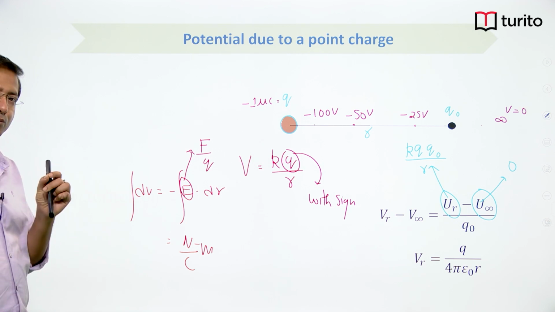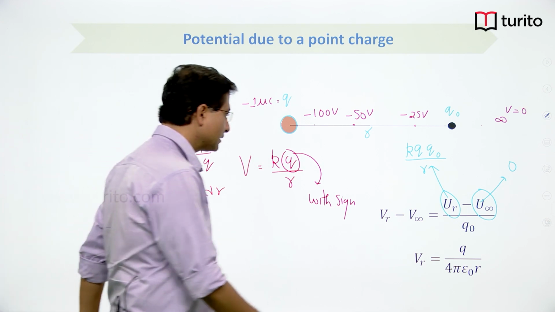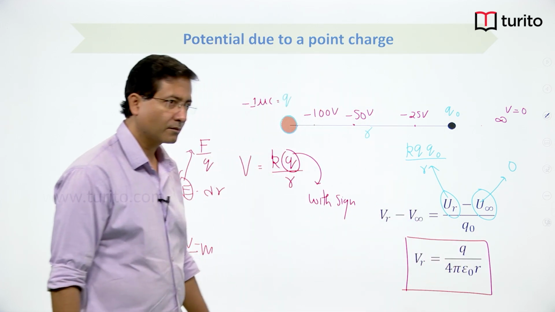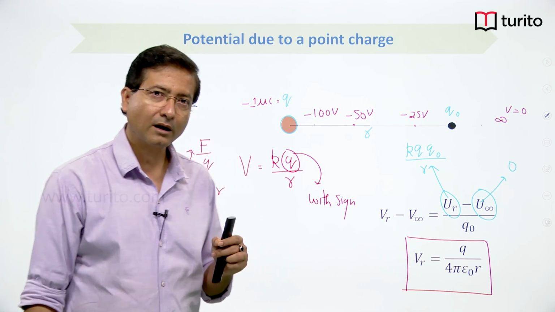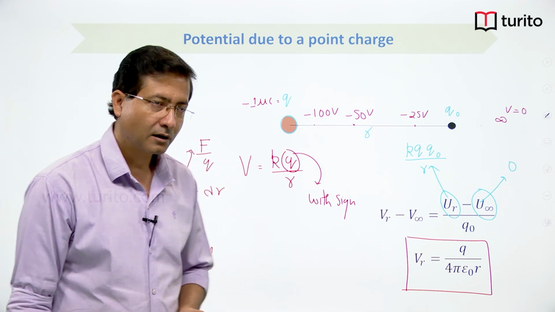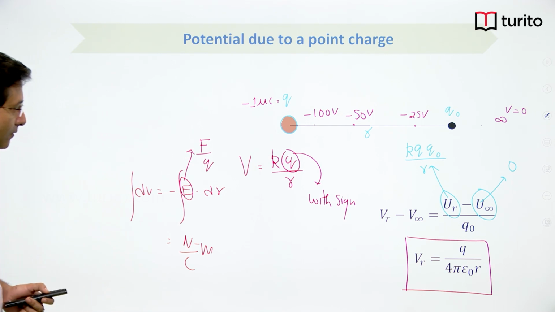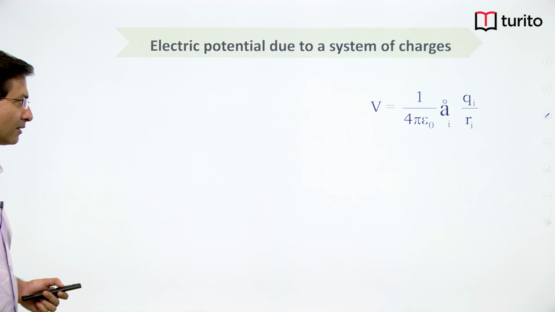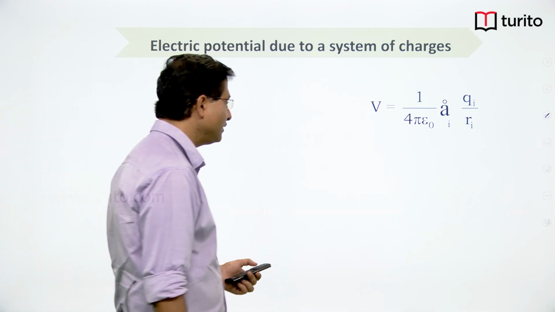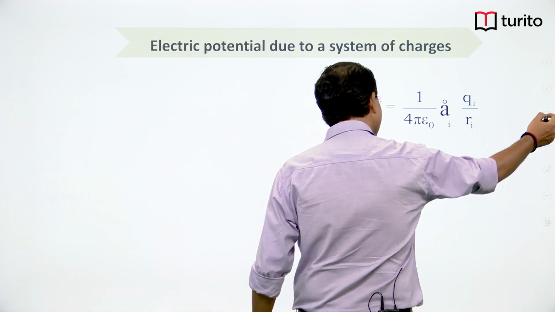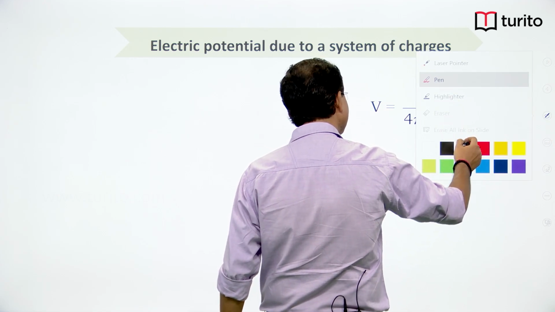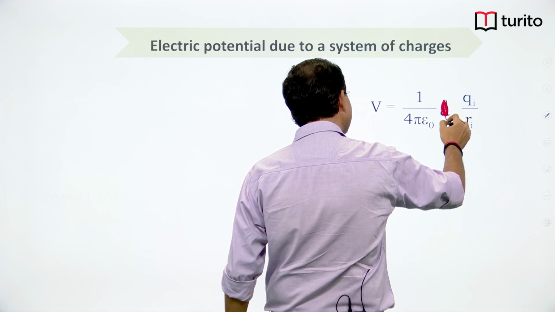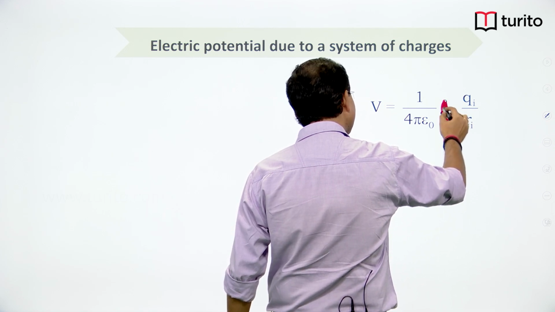So potential due to point charge is given by this expression. This I can use to derive results for other distributions. Let us see. Due to a system of charges, this is actually V, so in place of this, this is Vi, right.